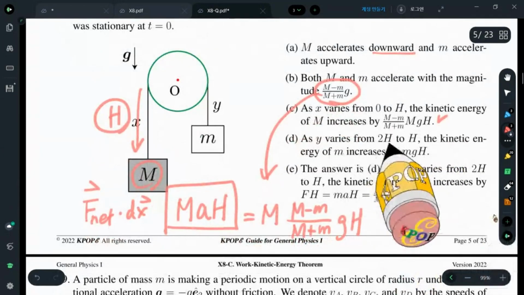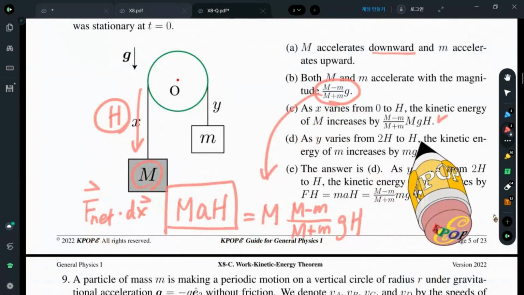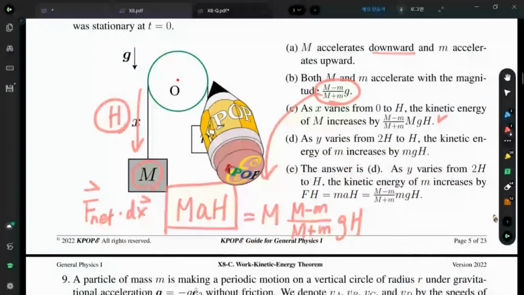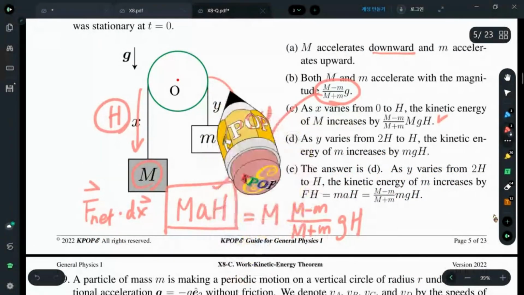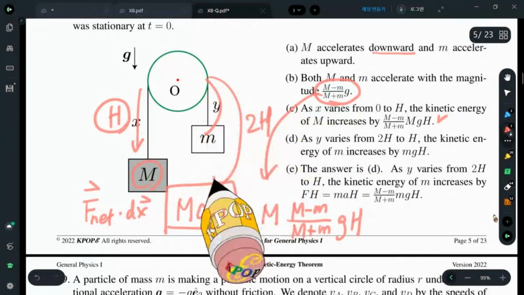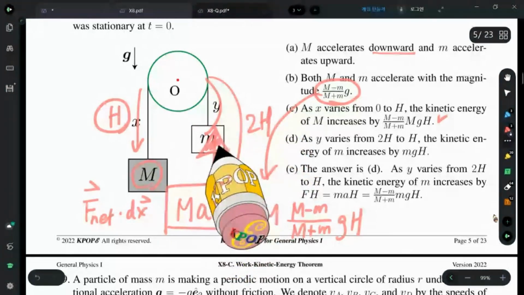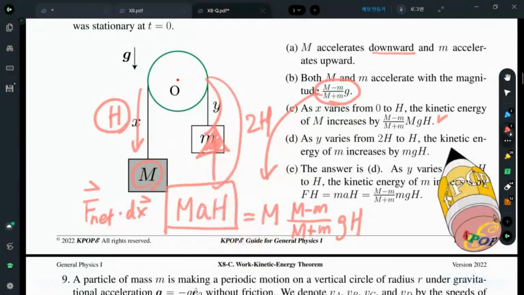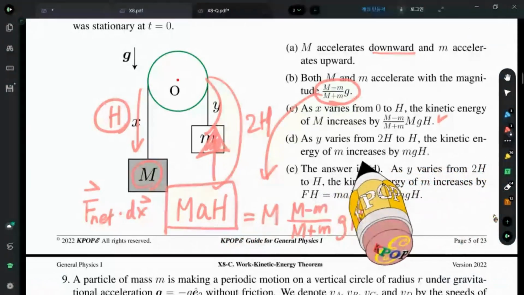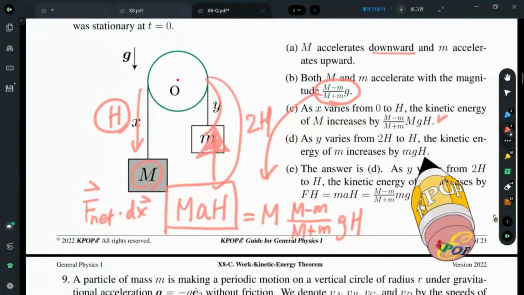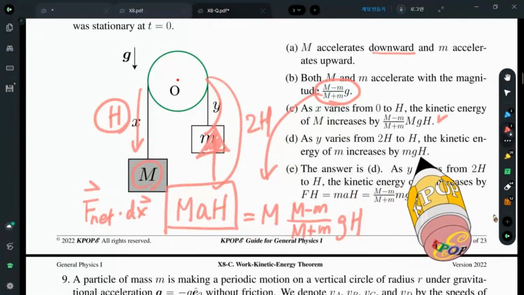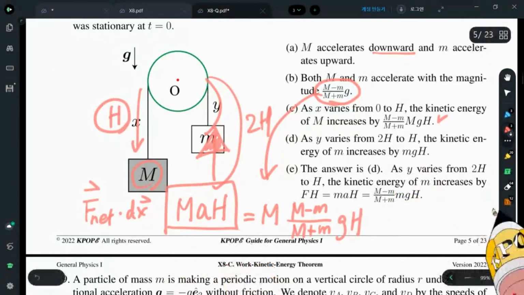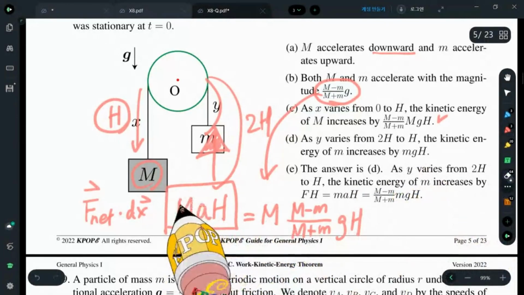As y varies from 2h to h, so it is going up. The kinetic energy increases by mgh. That's wrong. We have to use this kind of formula.